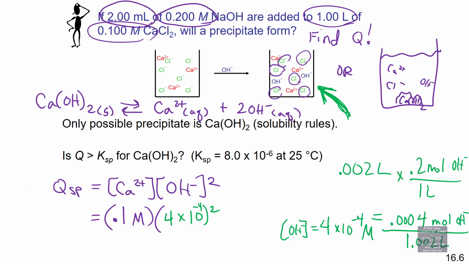I do that math and I get 1.6 times 10 to the negative 8. Q equals 1.6 times 10 to the negative 8. And K, that I can look up in a table, is times 10 to the negative 6. Q is smaller than K, and when Q is smaller than K, no precipitate.